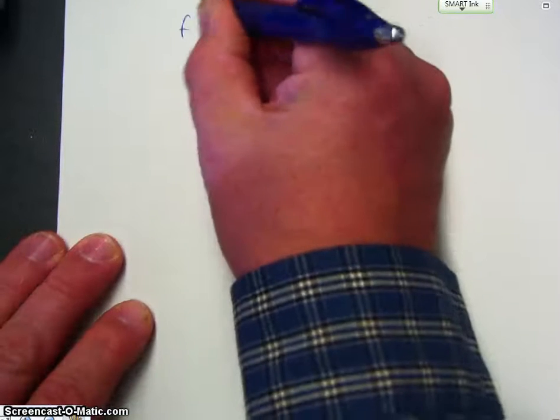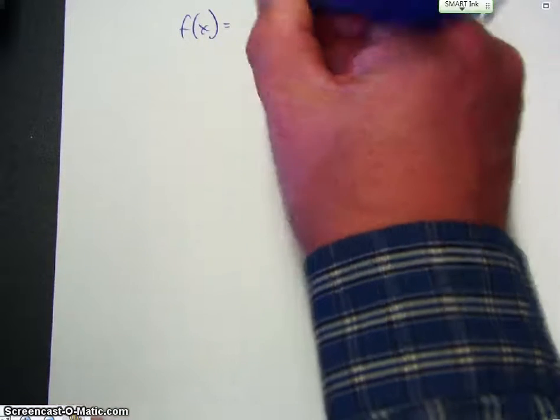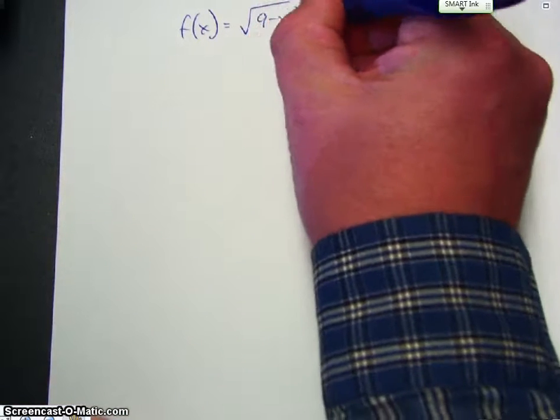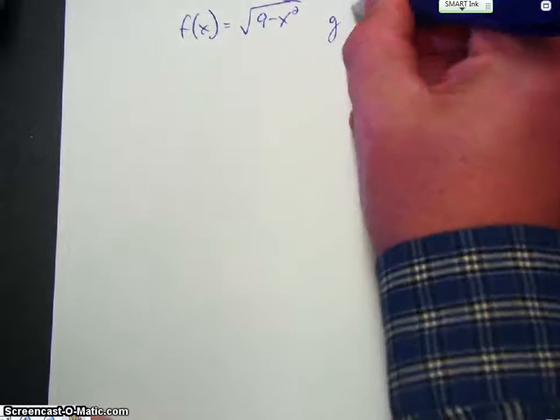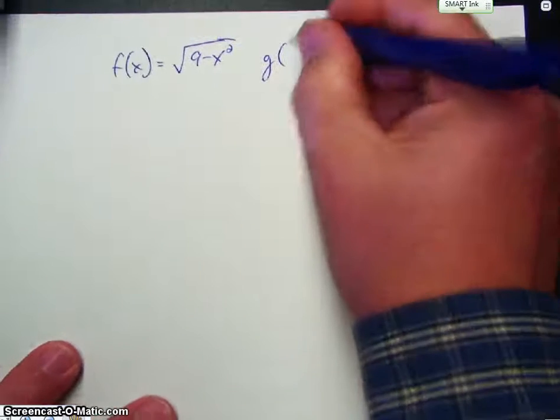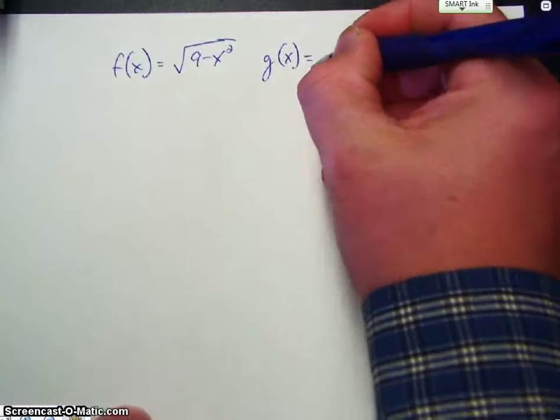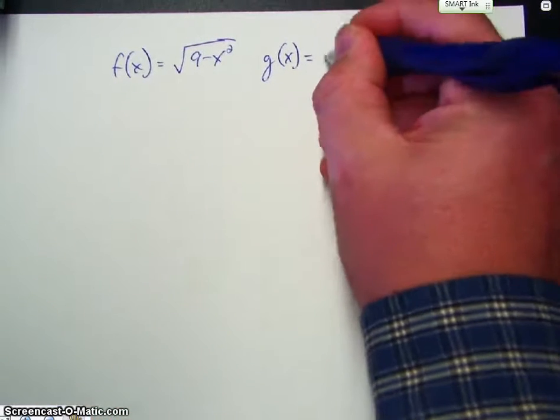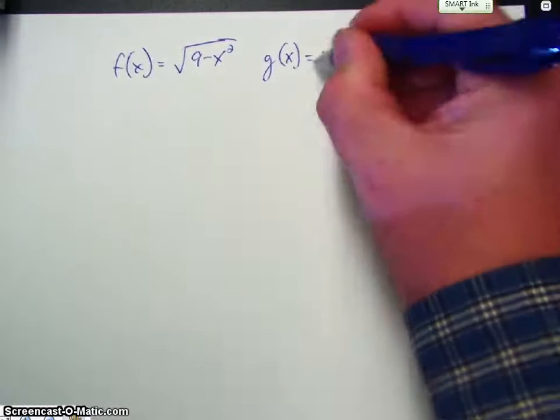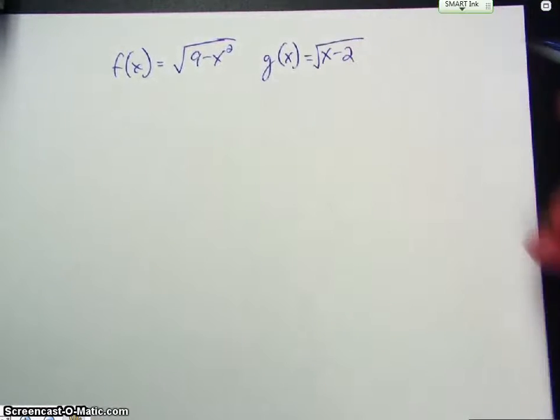All right, let's do another example. Let's make this a little bit more interesting. Let's say f of x is equal to the square root of 9 minus x squared. g of x is equal to x minus 2, and we want the square root of that as well.